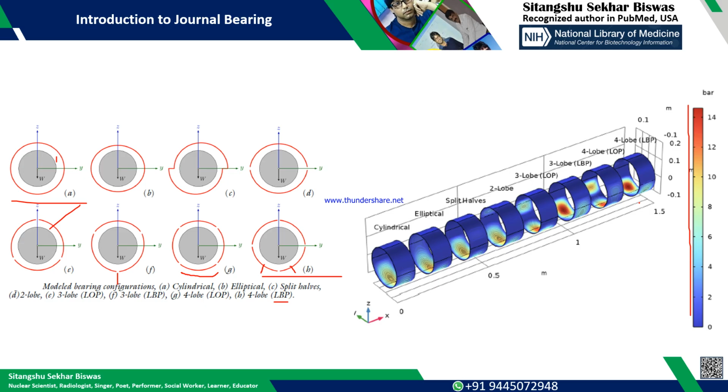So you might have seen, for people who are handling a vertical centrifugal pump, very near to the impeller there will be this kind of journal bearing, which is basically a hydrostatic bearing.